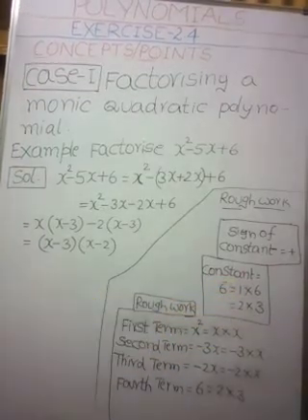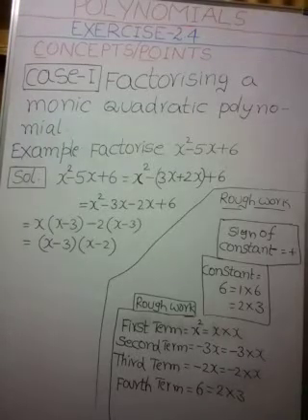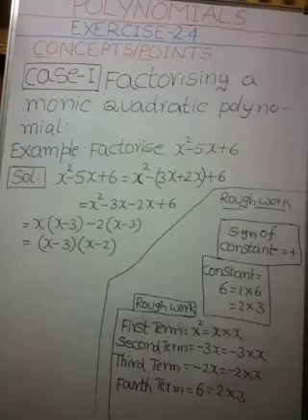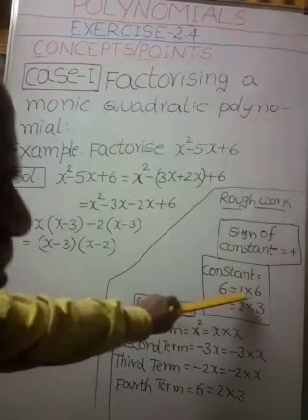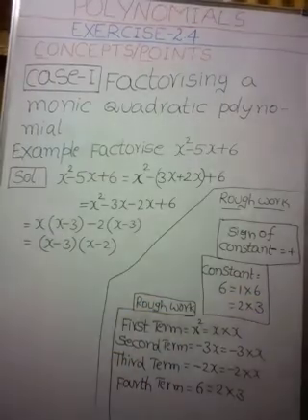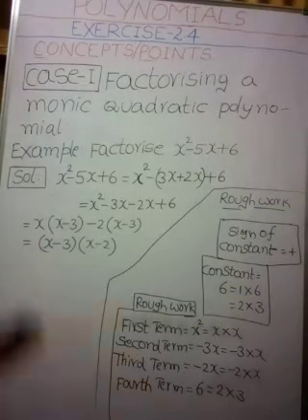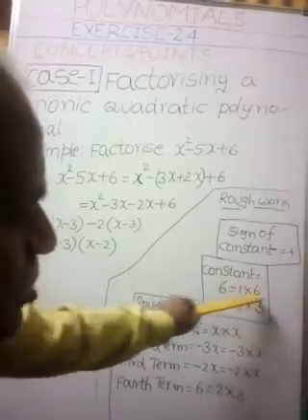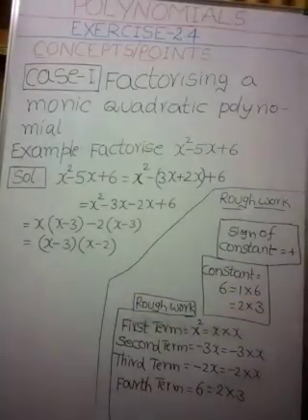Understood this step, my dear children? Now come to the sign. What is the sign here? Plus. So we have to add these two factors. 1 plus 6. What will you get here? 7. But what is the middle term here? 5. So we should not use these two factors to split the middle term.